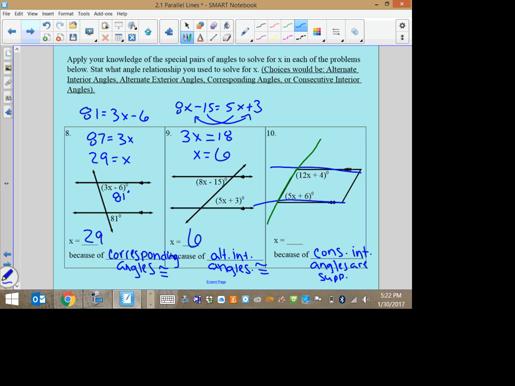So we're going to take our 12x plus 4 and add our 5x plus 6 to give us 180. Combining our x's, we get 17x. Combining our 4 and our 6, we get plus 10 equals 180. So we get 17x equals 170. Divide by 17, we get x equals 10.